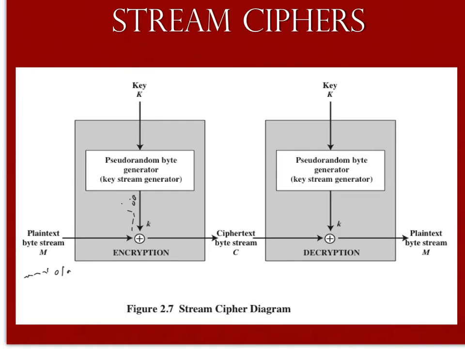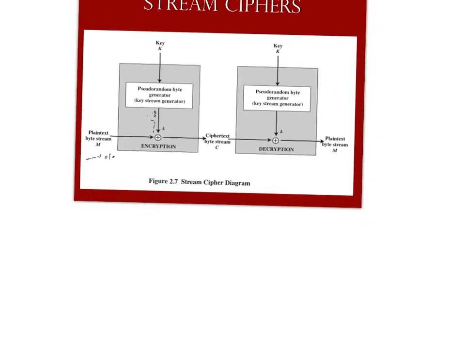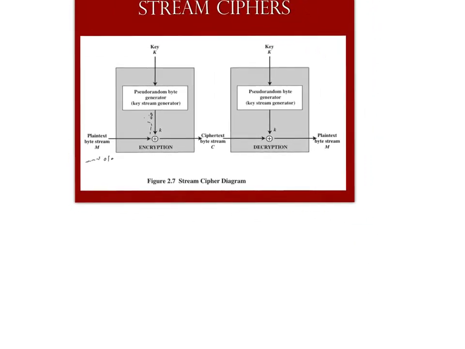There are certain properties here which we need to talk about. Very important properties. And I hope you still remember that from the applied cryptography. One important property is the resistance to errors.